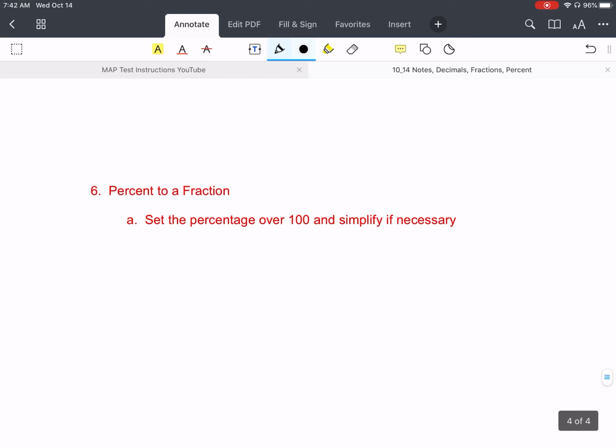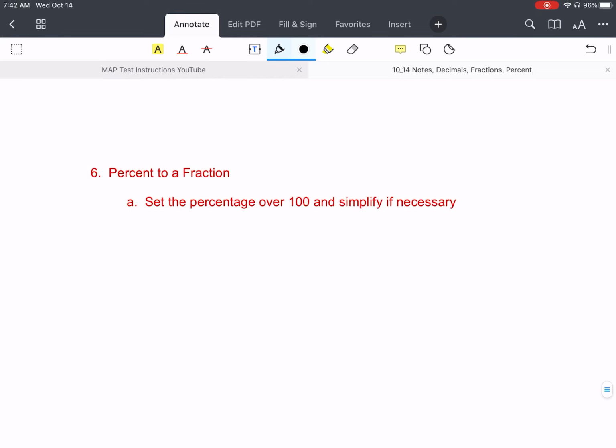Last one, percentage to a fraction. All you're going to need to do is understand that a percentage is always out of 100. So if we have 72%, that just means it's 72 out of 100.